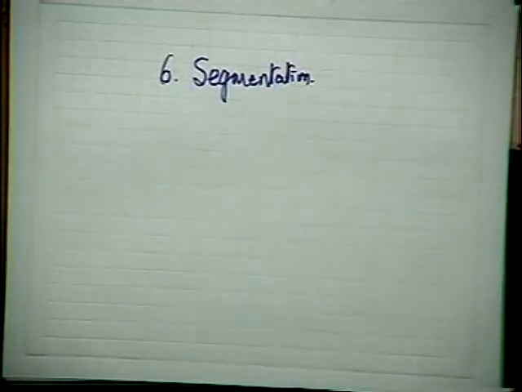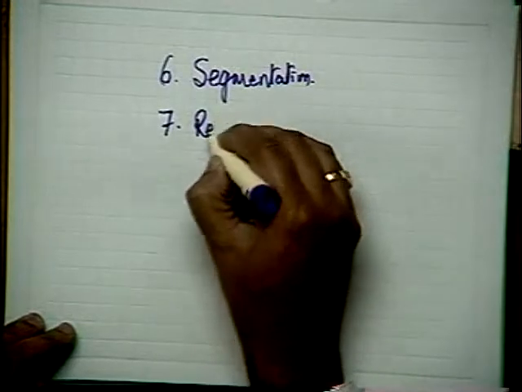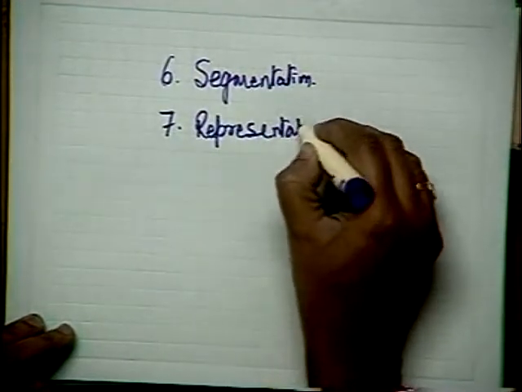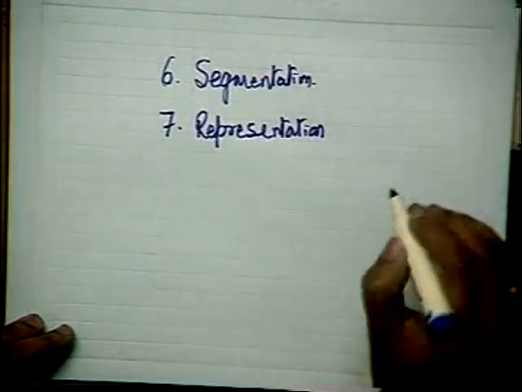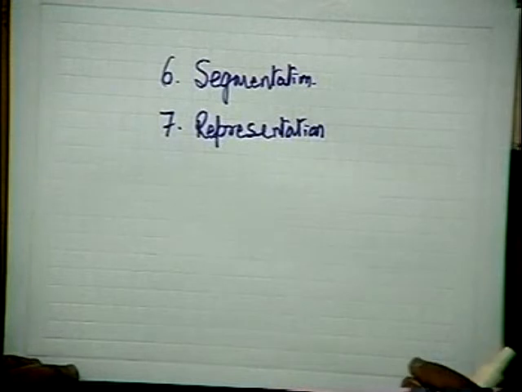All these things we will be studying under segmentation, and along with segmentation, we will also study how we represent the segmented image, that is to say the problem of representation.